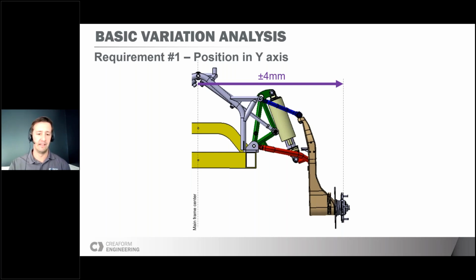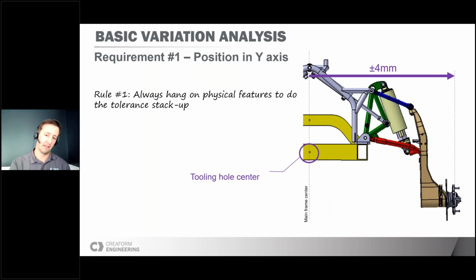Is it the hole in the mainframe, or is it the hole at the top? I'm using this example just to bring a small rule when doing tolerance stack up: you really need to hang on to physical features or functional features that are used on your assembly line.